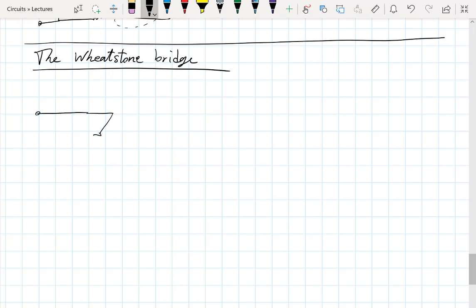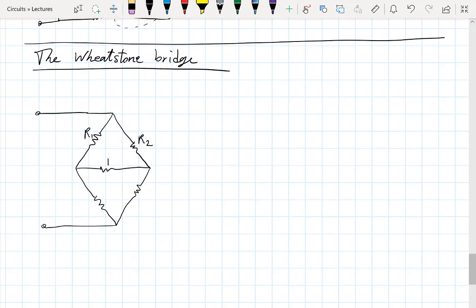So if you have a circuit like this, and let's say you have R1, R2, R3.